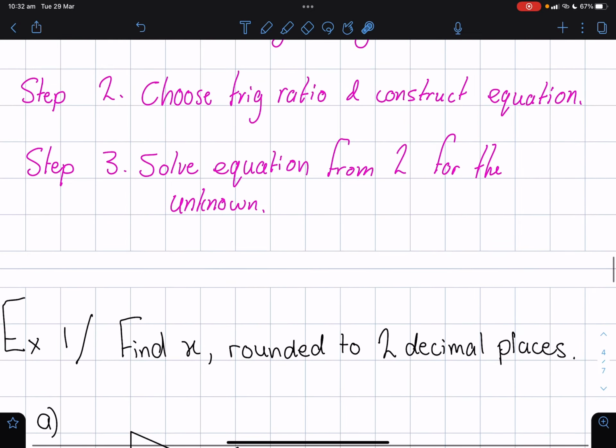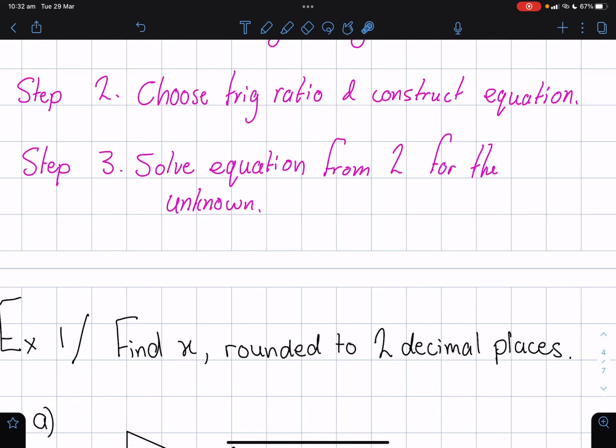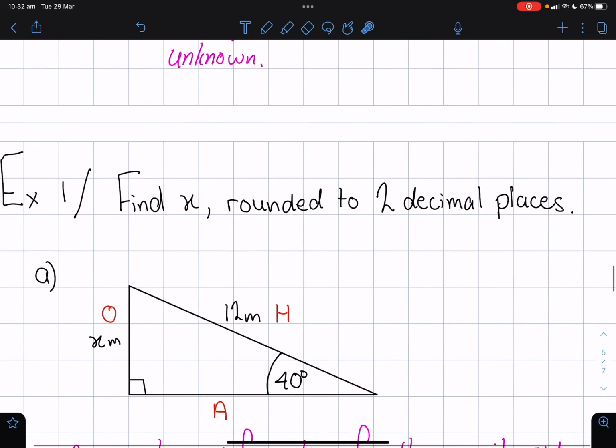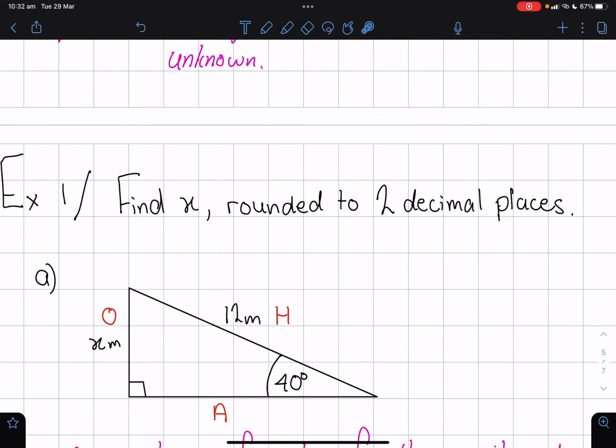Example 1, find x rounded to 2 decimal places. I've gone ahead and labeled my sides. In this case, we have 40 degrees down in this corner here. So straight away, I know my hypotenuse is here, so h. My opposite is opposite my angle, and then my adjacent here.